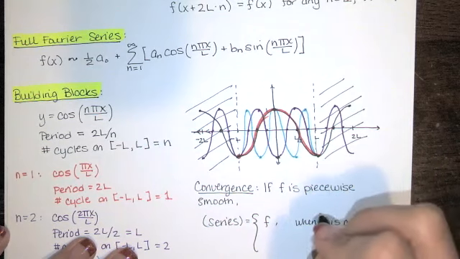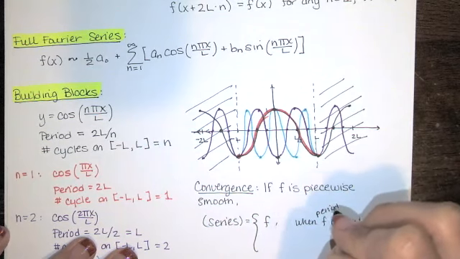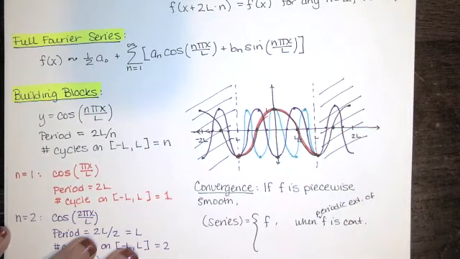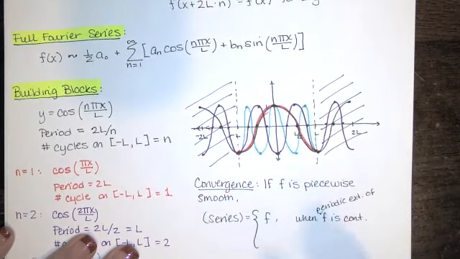Or it's actually, let's say, when the periodic extension of f is continuous. And then when the periodic extension of f has a jump discontinuity, and it's possible f will have a finite number of jump discontinuities if f is piecewise smooth. That's part of the definition of piecewise smooth.